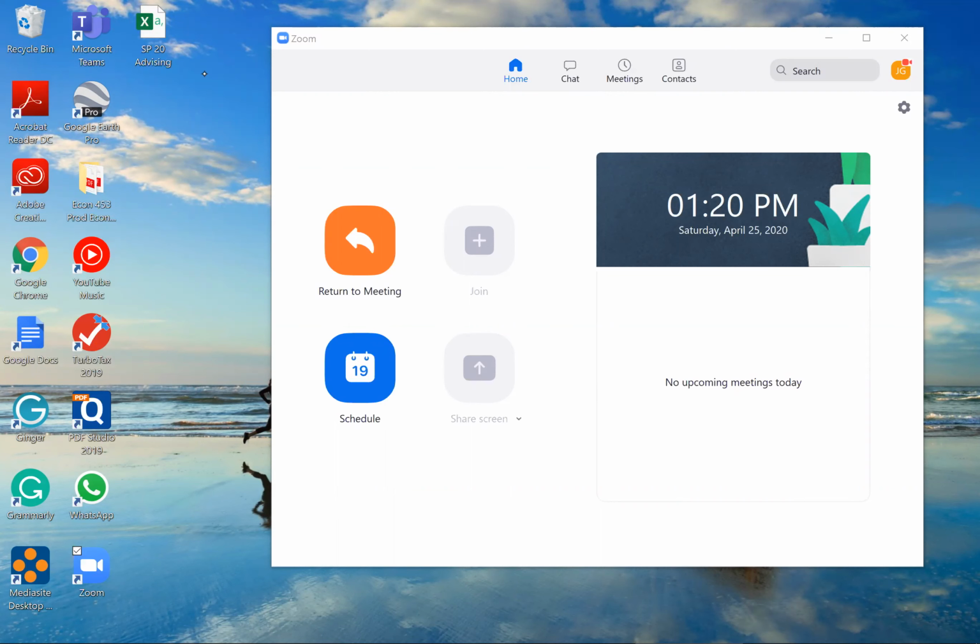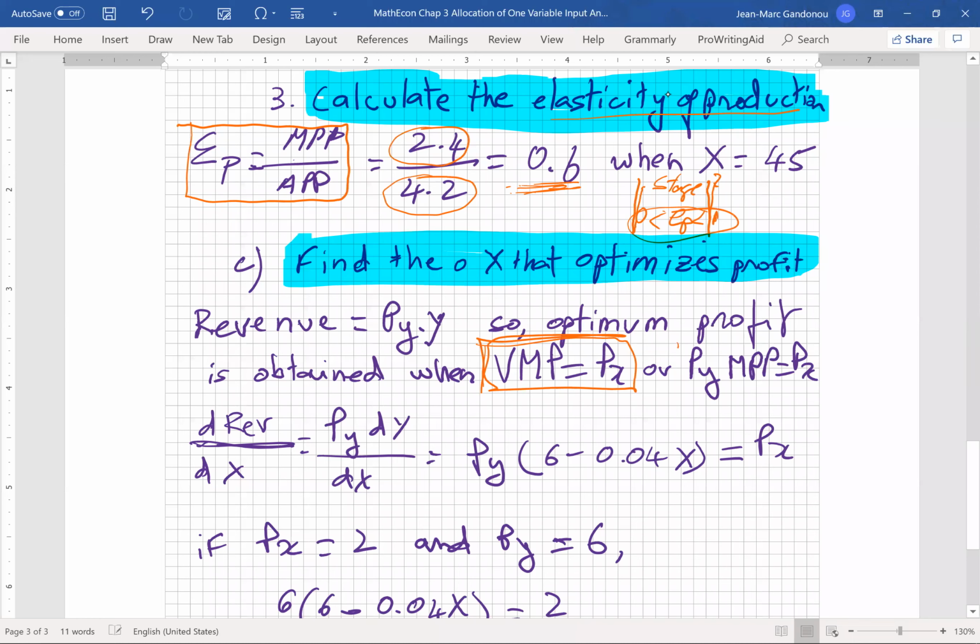That equals value marginal product. So we set value marginal product equal to the input price. That's our condition.